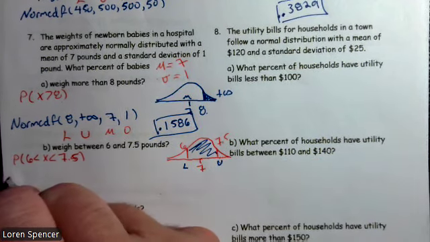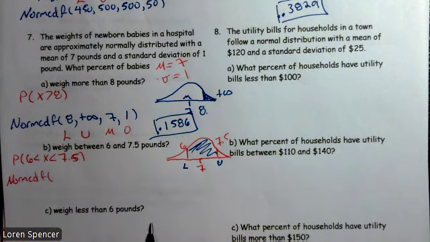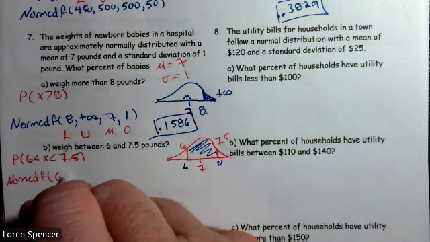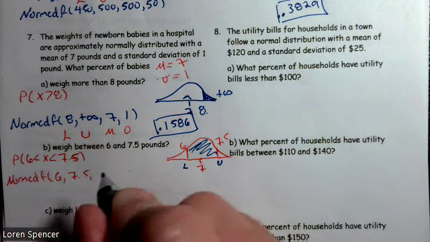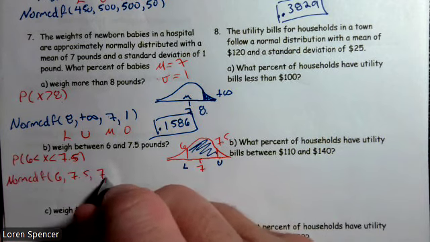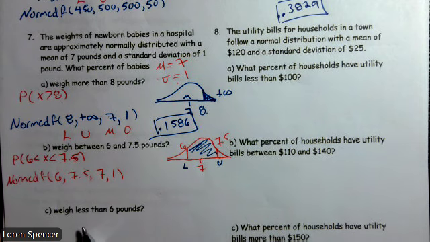So normCDF, lower is 6, upper is 7.5, mean is 7, standard deviation of 1. That's our LUMO.